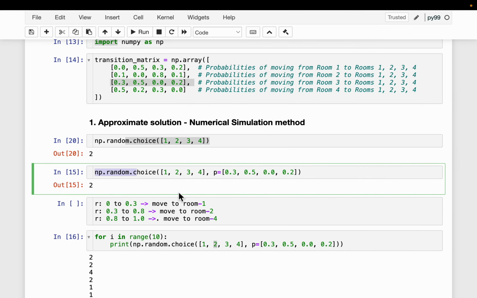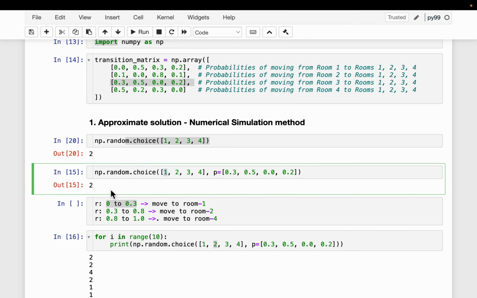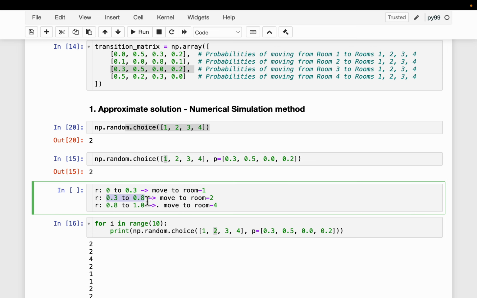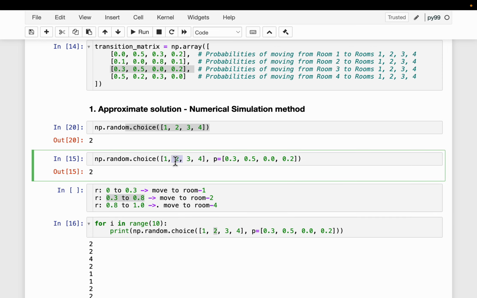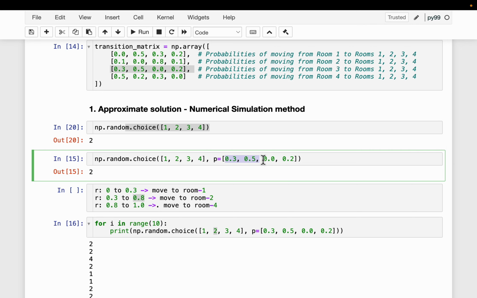Now, if the generated number happens to be between 0 and 0.3, it will return 1 as the answer. Whereas, if the generated number happens to be between 0.3 and 0.8, it will return 2 as the answer. Now, where is this 0.8 coming from? This is simply 0.3 added to 0.5.